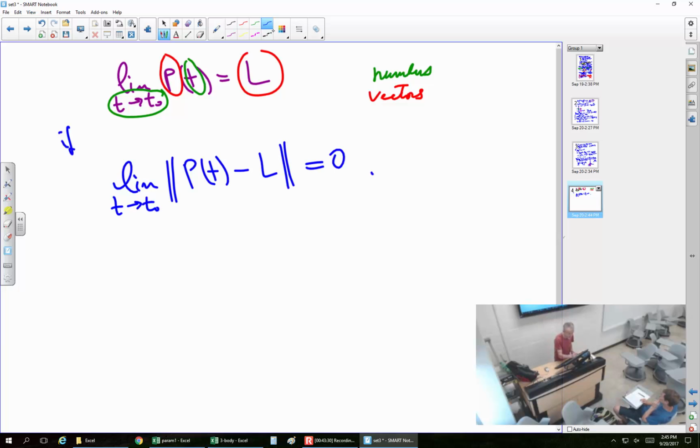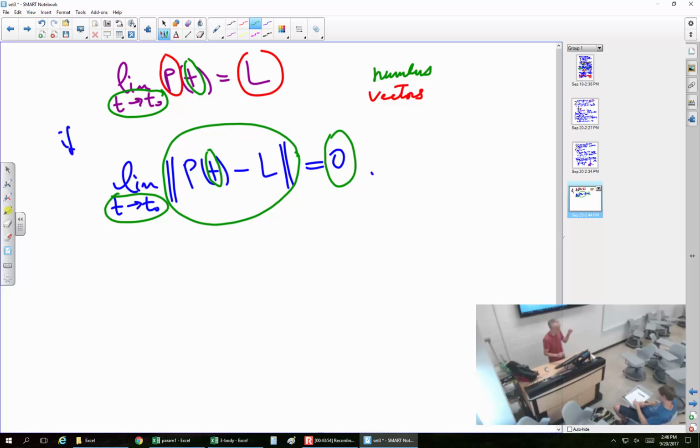Let's confirm that. I'm circling numbers here and numbers there. Are there more numbers in the second line? The whole magnitude is a number, right? This is a number, and this is also a number.